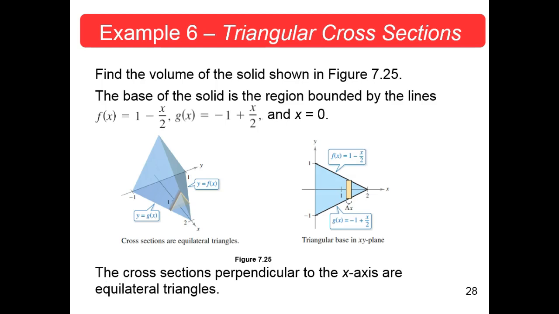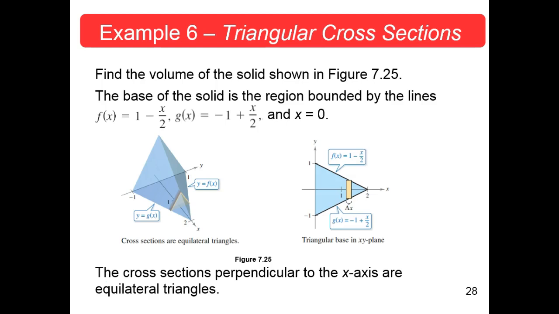But when they say it's an equilateral triangle, that means whatever your y values here, the y value here plus that, so twice either one of these values, but make them both positive.